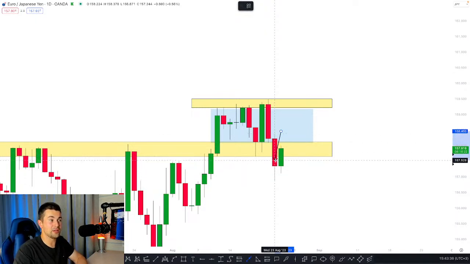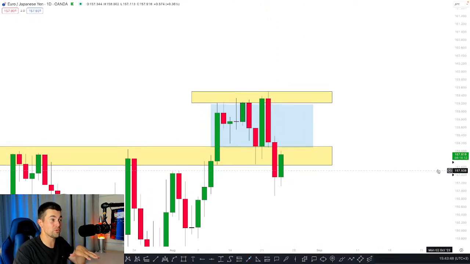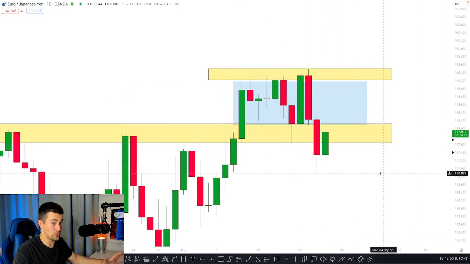You can see that yesterday we formed quite a strong bearish candle here, and with that candle, we closed below the support of the range.